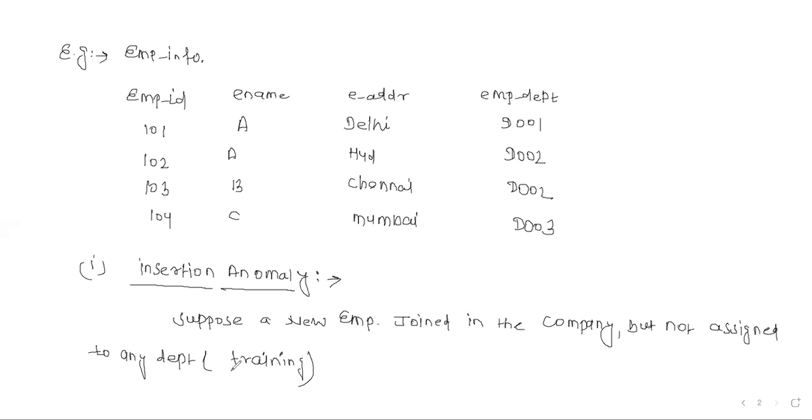Suppose after some time, some of you will be going to be selected in some of the companies. Then when you are selected, at the same time, they are not going to give you the post that you will be the software engineer, or you will be the hardware engineer, or you will be in maintenance personnel, or whatever the fields will be there. They are not going to give you the post directly at the time of selection. Once you join the company, they will give training to you, and after that they will go for assessment. Assessment means what?